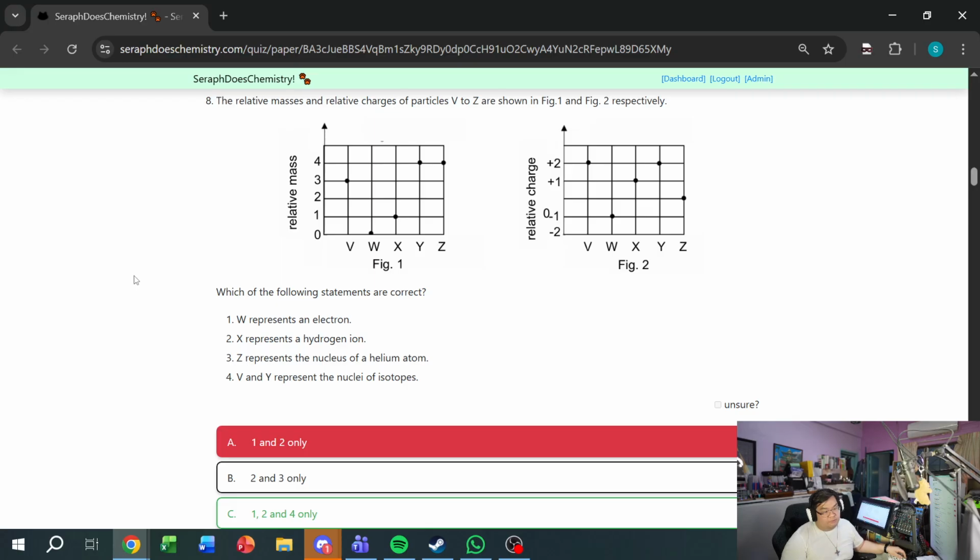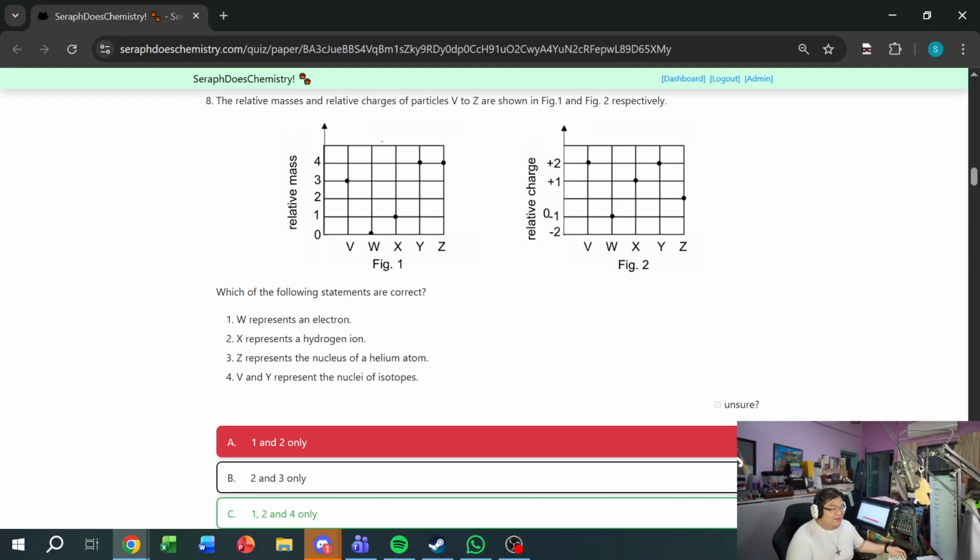Why? What do you figure out? Then figure it out. Yes. Nuclei is just the plural for nucleus. Huh? What are you talking about? You just said something and then you say you don't know.